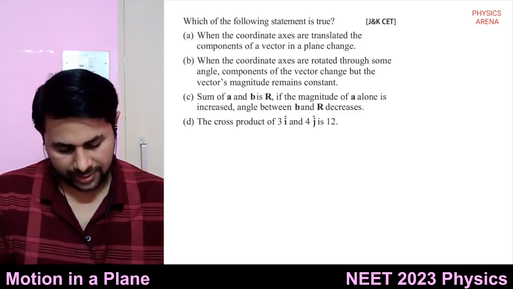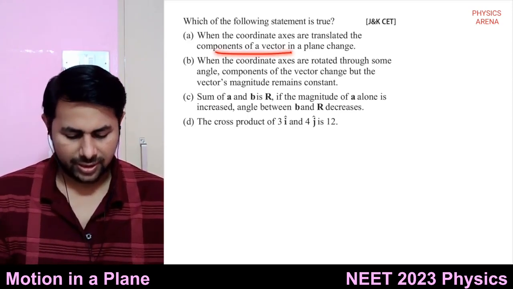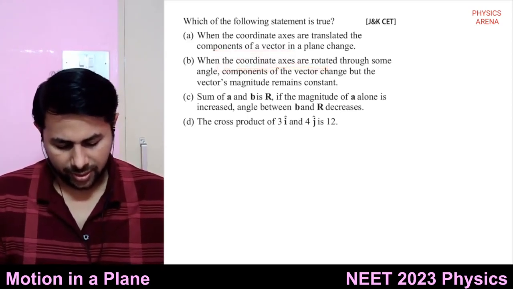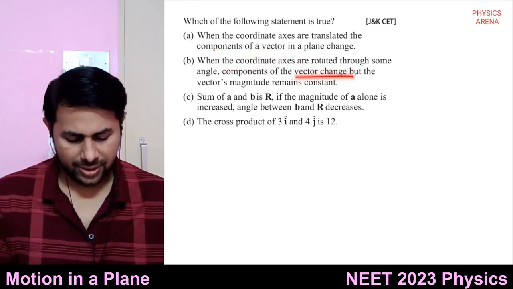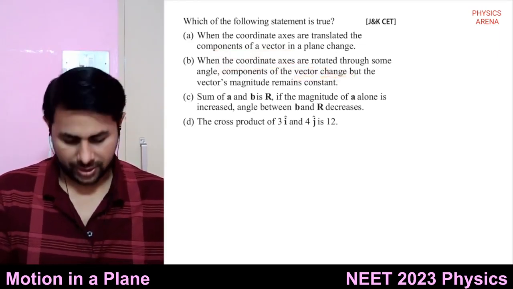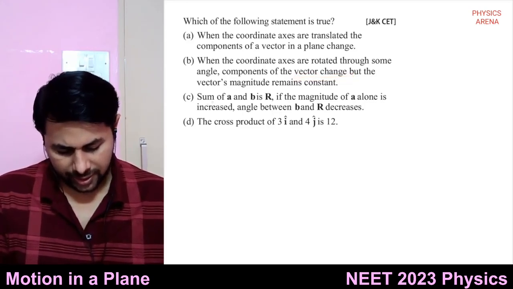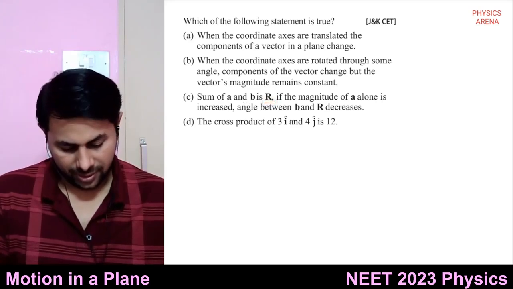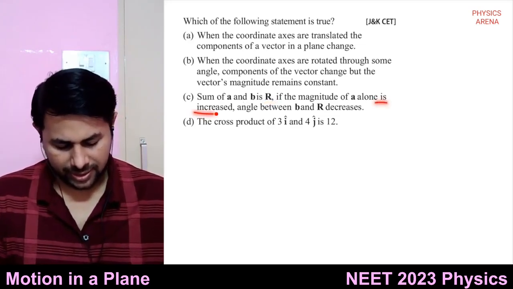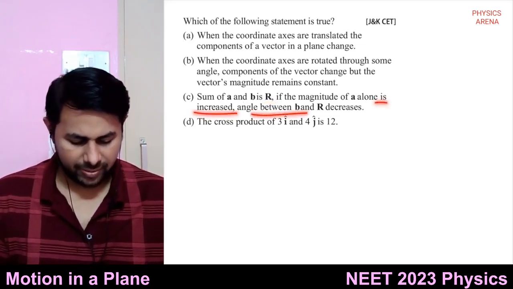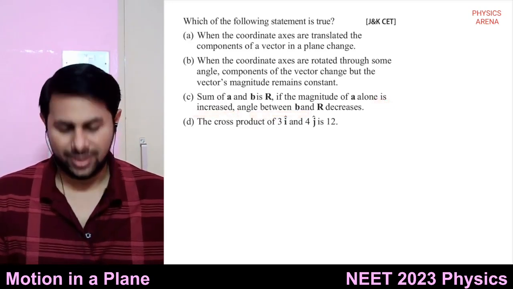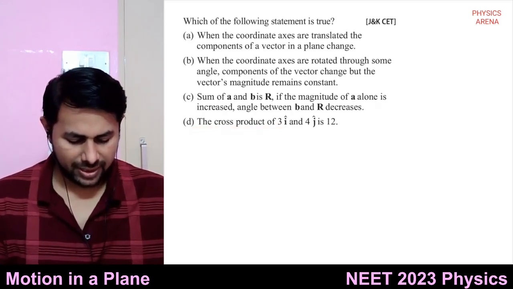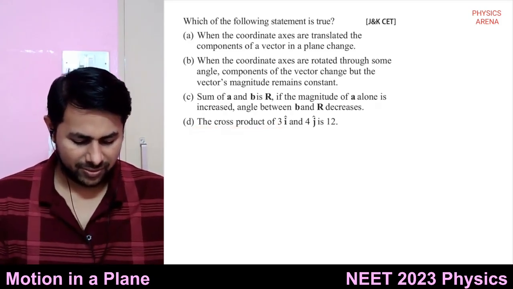When the coordinate axes are translated, the components of a vector in a plane change. When the coordinate axes are rotated through some angle, the components of a vector change, but the vector's magnitude remains constant. The sum of a bar and b bar is r bar. If the magnitude of a bar alone is increased, the angle between b bar and r bar decreases. And the last one: the cross product of 3 i cap and 4 j cap is 12.